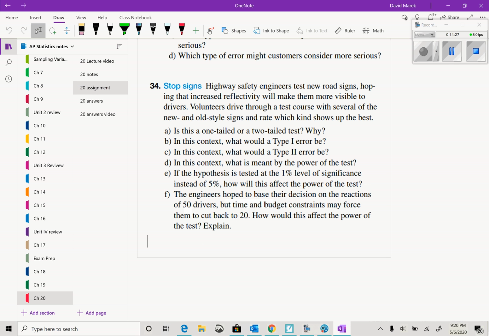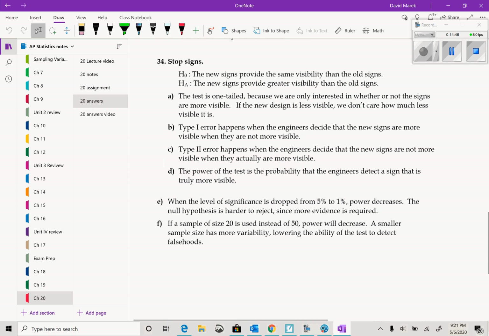Engineers based their decisions on the reaction of 50 drivers, but hold on, we got budget cuts. We only had the time and the money available to pay 20 people to go through the course. So if our sample size dropped from 50 down to 20, the power dropped also, because we have a smaller sample size, less than half of what we planned.